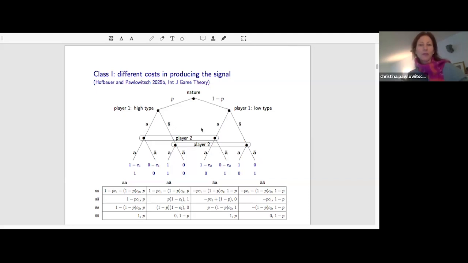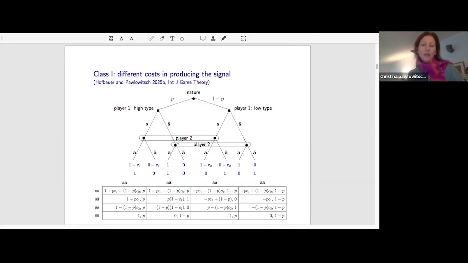And both types in principle have this possibility to express the costly signal or not. And player two then, in this game tree, we have the information sets of player two. So player two sees, okay, a signal has been expressed or not, but of course still cannot distinguish the type of player one, high type or low type.